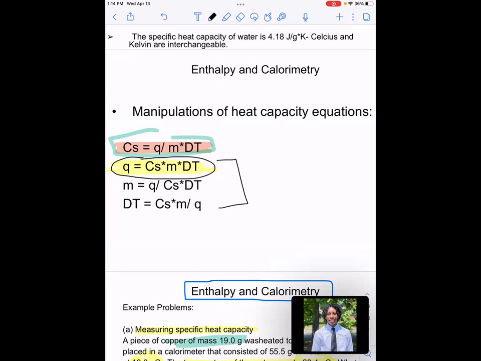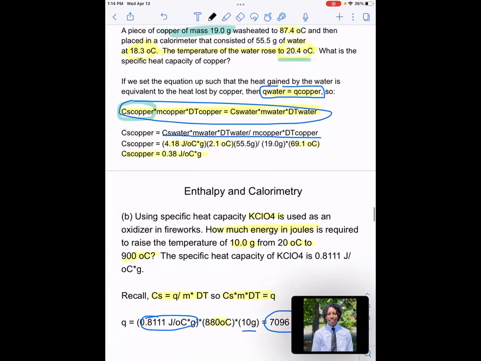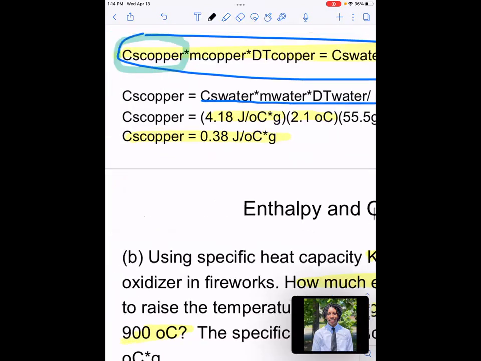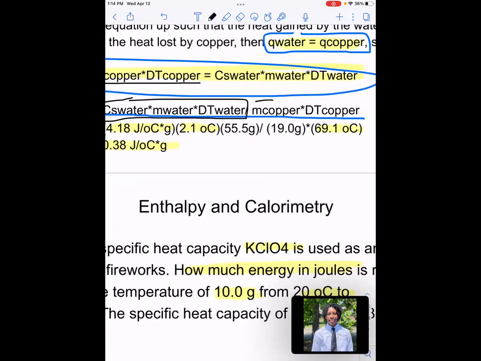Q is the specific heat times the mass times the change in temperature. If you know that, then you set this up that way. And then you just solve for the specific heat of copper. So it's this equation divided by the mass of copper and the change in temperature in copper. So that's what the bottom term, the denominator, is here.